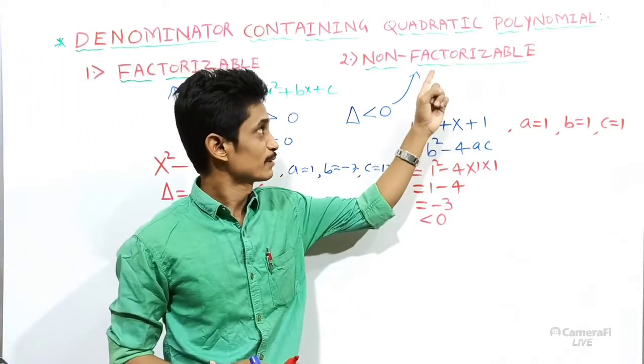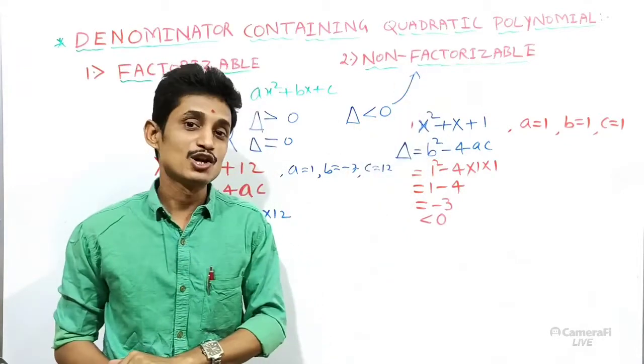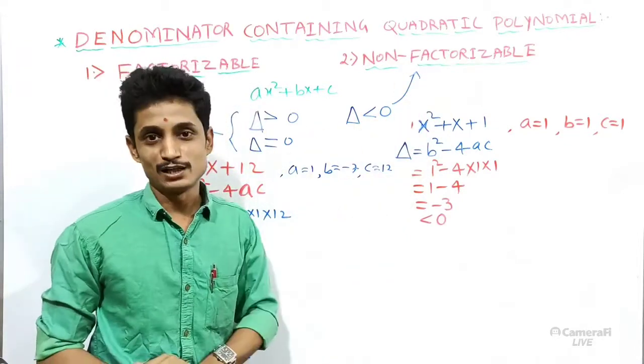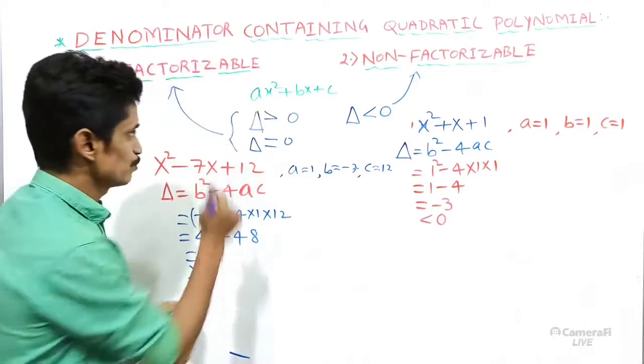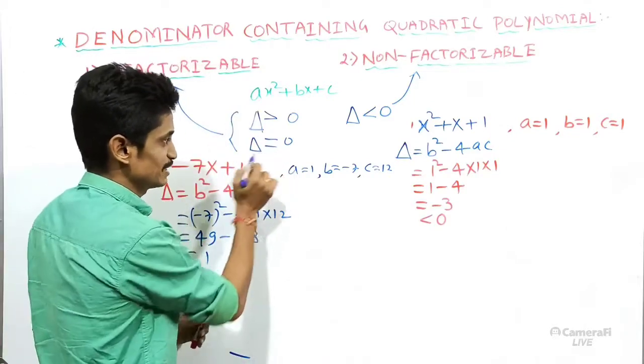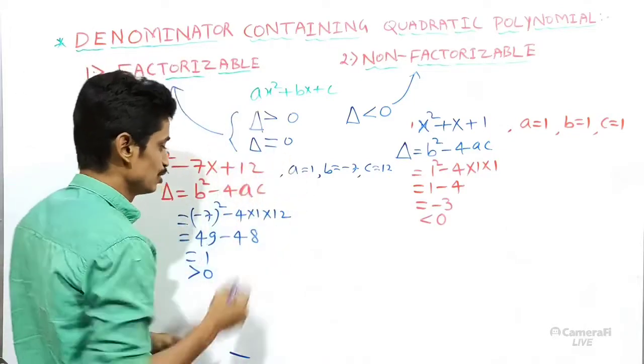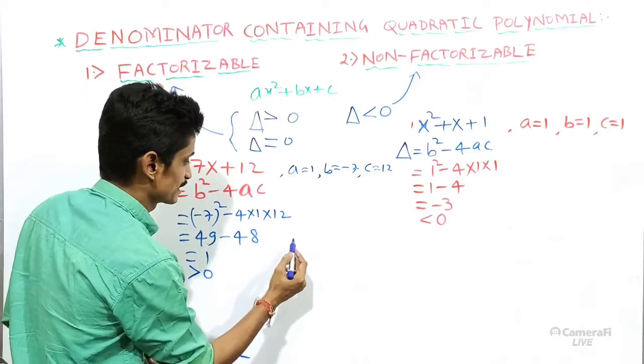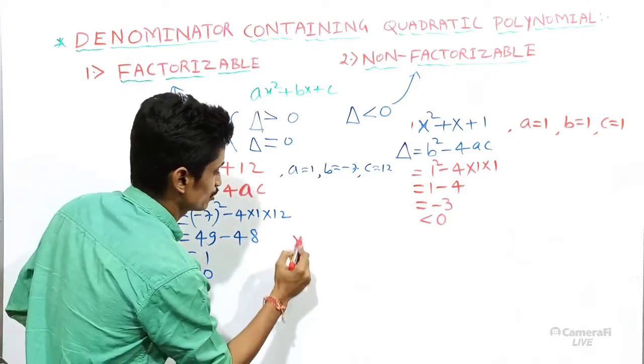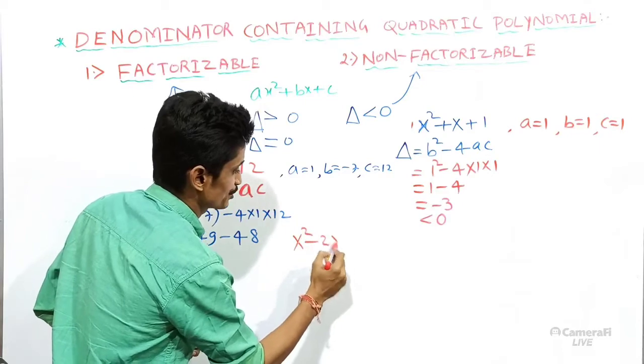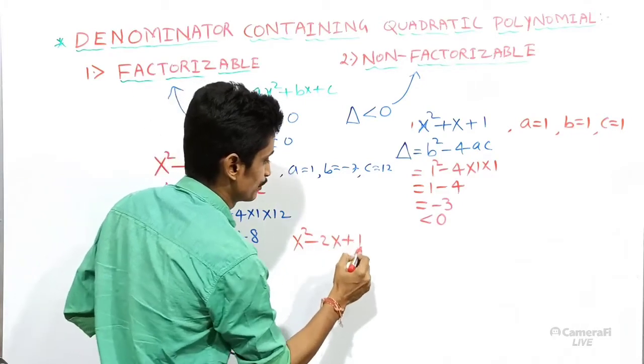This type of quadratic polynomial, with discriminant less than 0, is called a non-factorizable quadratic polynomial. And what is this case? Delta, that means the discriminant, is equal to 0. One more example I will take, that is x square minus 2x plus 1.